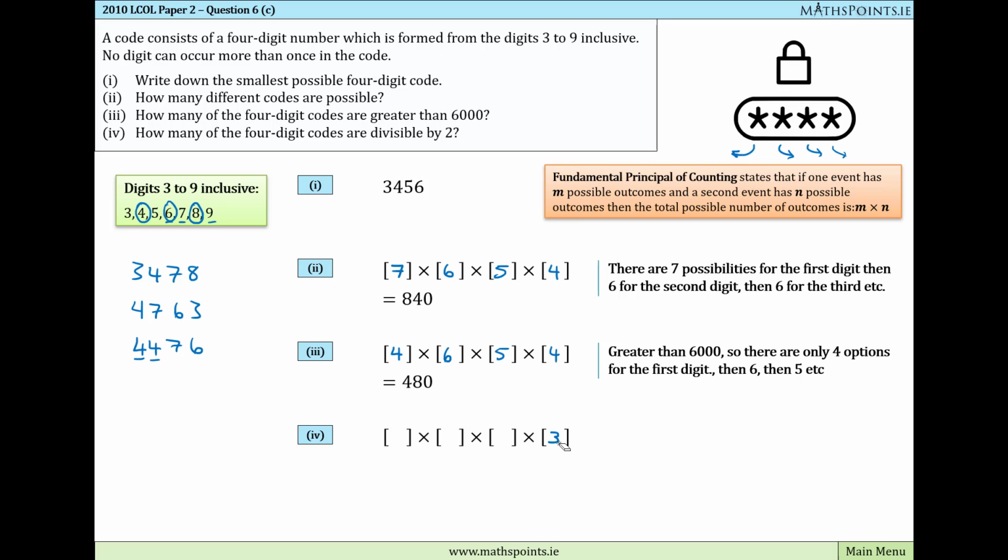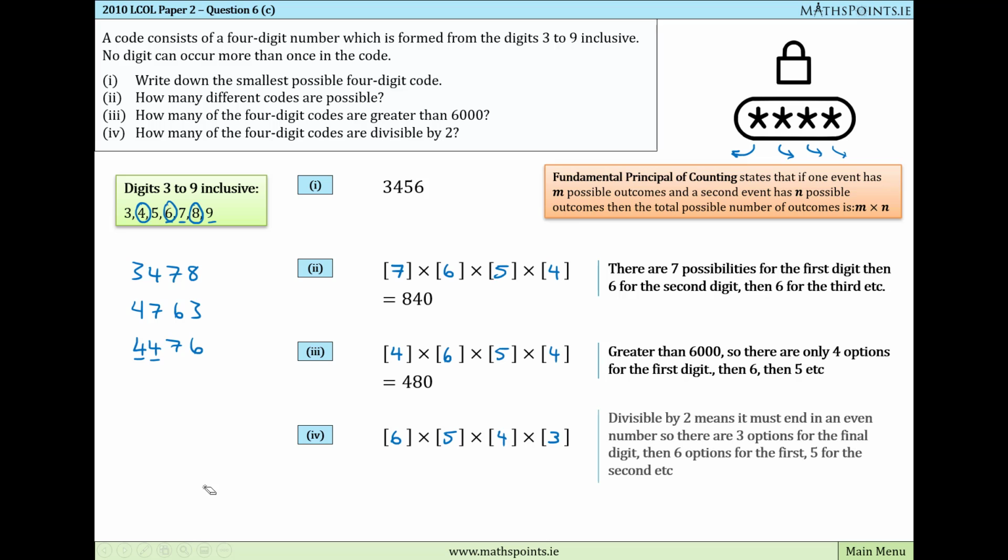It's either a 4, a 6, or an 8. Once we've used the 4, 6, or 8, that means there's only 6 digits left. We can start with any of the remaining digits, so 6. There's 5 digits remaining that could go in the second position, and there's 4 digits remaining that could go in the third position. And if we multiply these together, we'll see that the number of 4-digit codes that are divisible by 2 is 360.